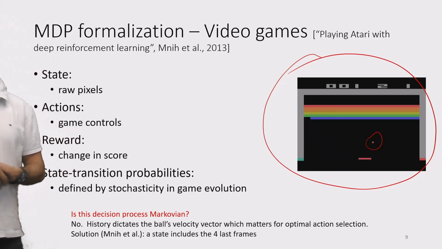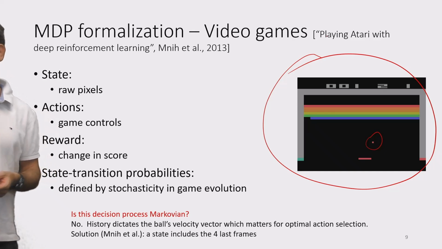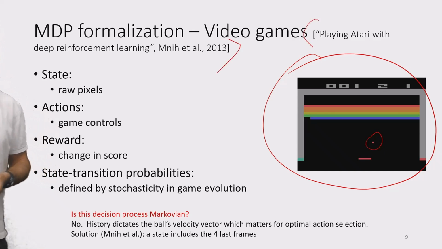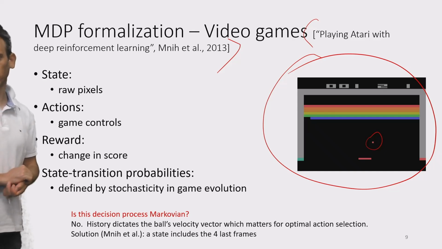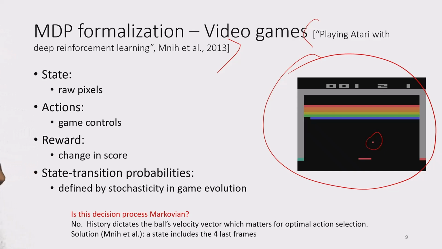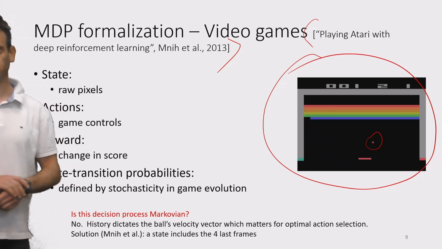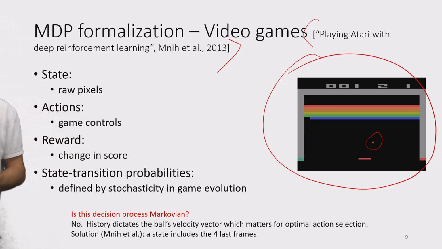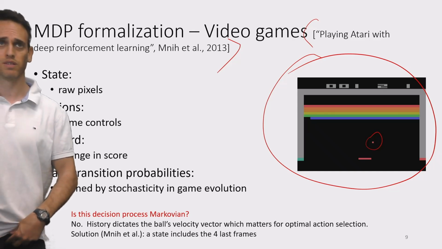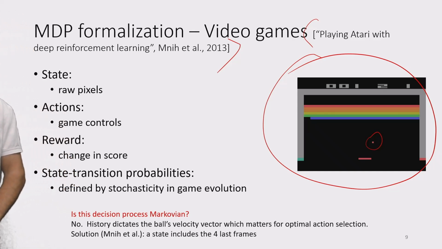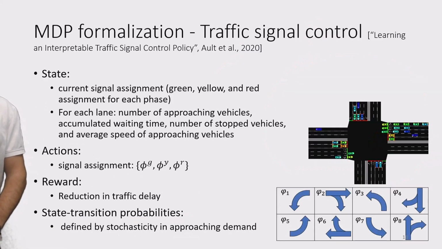And so, as we've seen before, the authors of this paper address this issue by including the four last frames of the game, and by doing so, they made the MDP for this specific game Markovian.